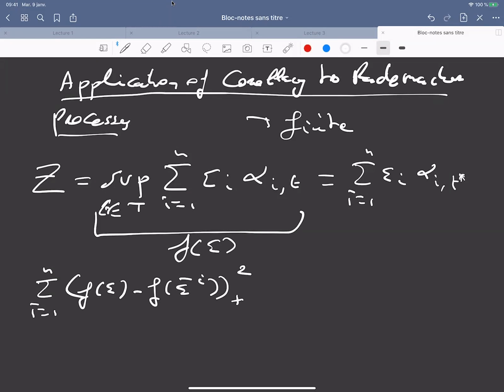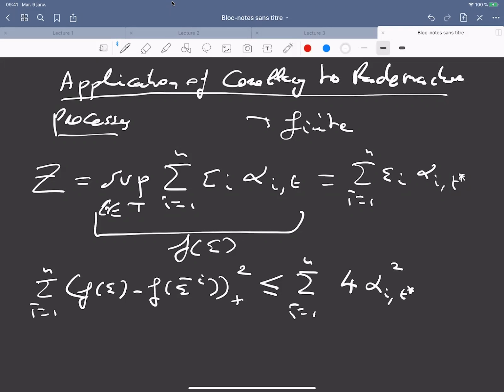this is of course less than the sum of 4 times alpha_{i,t*} squared. Why 4?